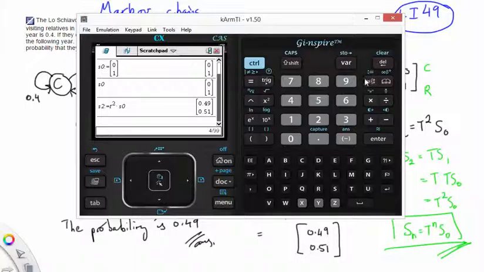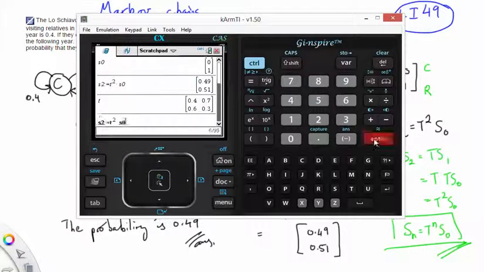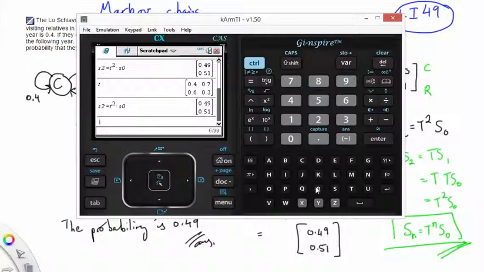That's quite a useful one instead of menu 1 to define. And if you want to be even more precise, you can put caps on, so you could even make the T capital when you define it. Even if you make it capital, it's the same as the lowercase. Doesn't matter. But that looks quite nice. It looks like the actual equation, which makes it easier to work with.